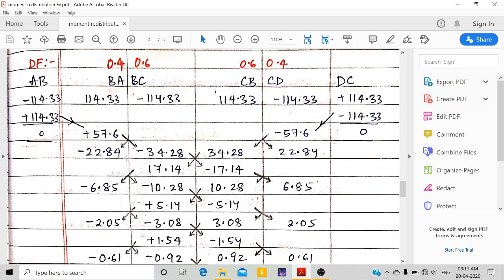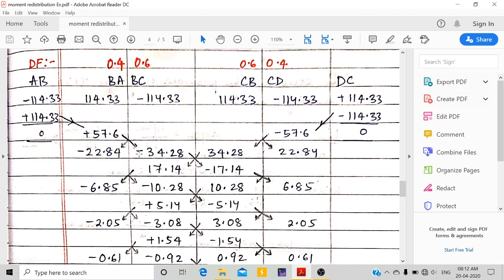Okay, because we are going to make it in equilibrium. So negative we have to add, because you see here it was negative, we were adding positive. Similarly here it is positive, we are going to add negative of this. Similarly here also just the sign is opposite, because here it is minus 57.6, we are adding positive of this.